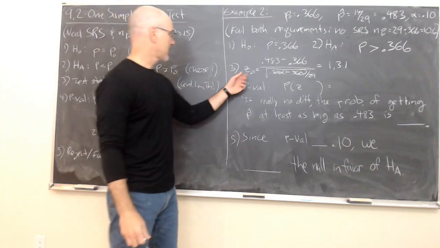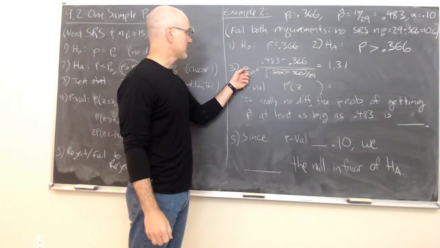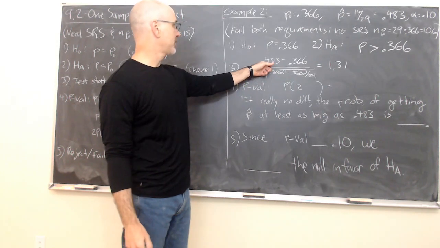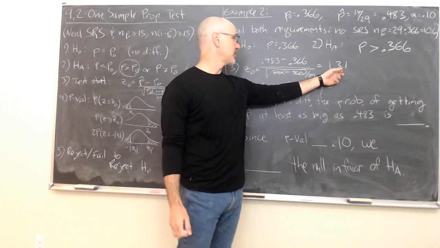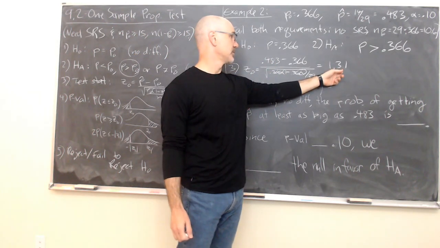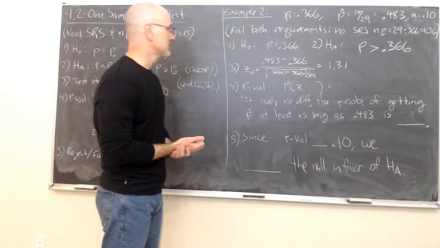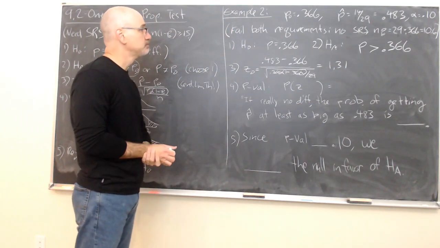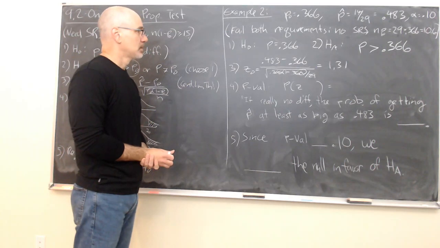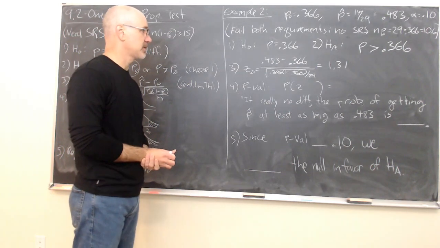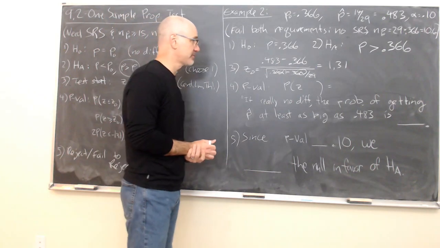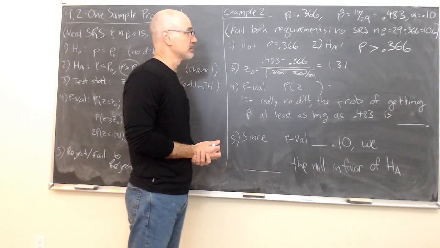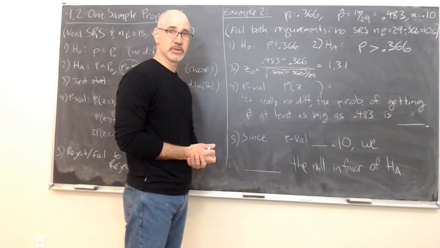And if you remember how to interpret the z-score here, this is saying that our sample proportion p hat is about 1.31 standard errors or standard deviations above the mean. Okay, now we want to figure out if that is rare enough for us to reject the assumption of no difference.